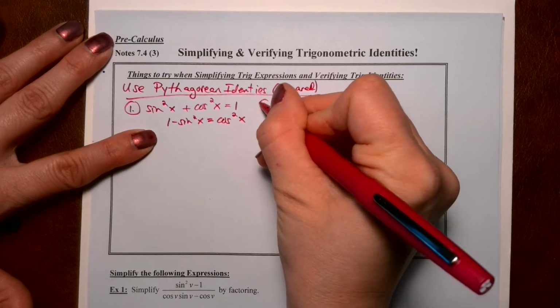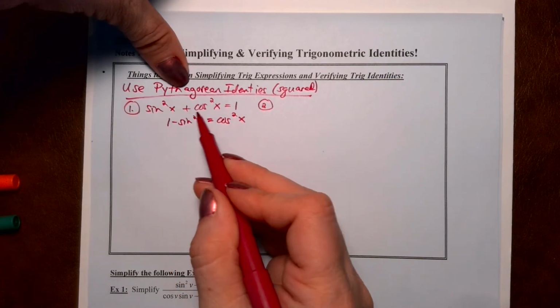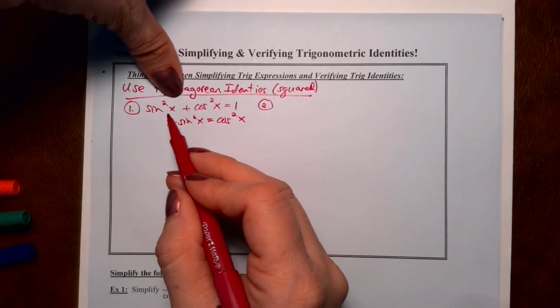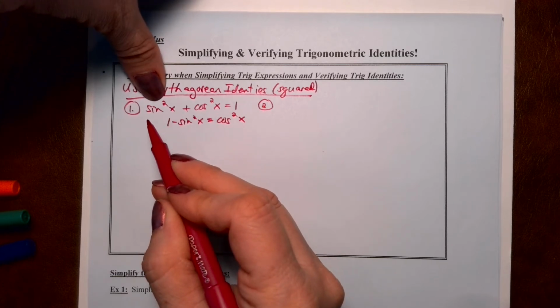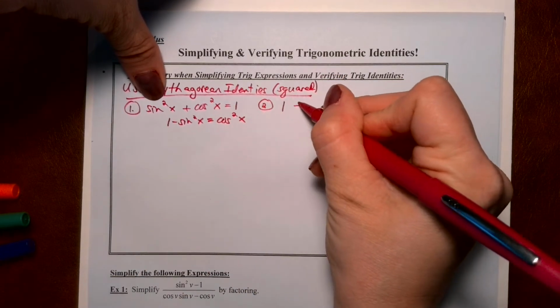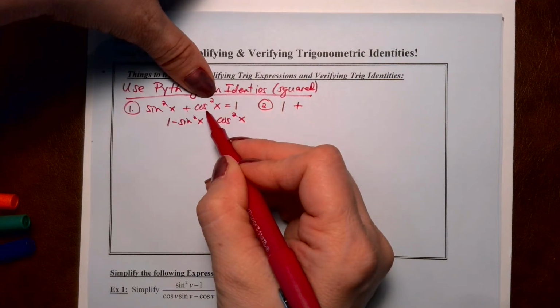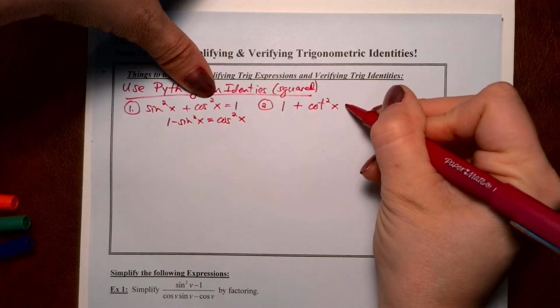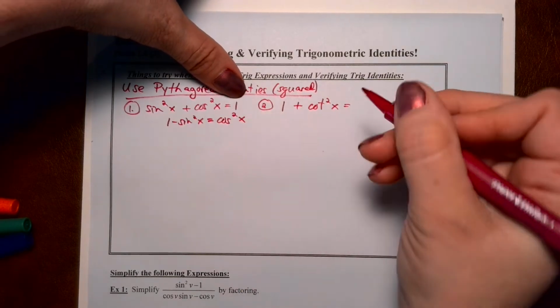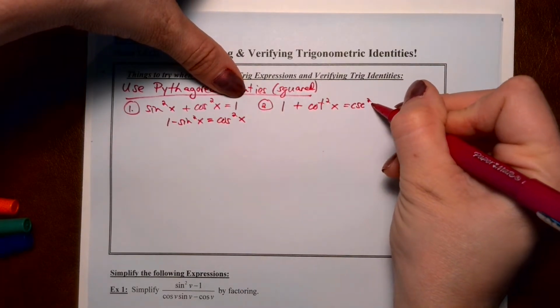The second Pythagorean identity is related to this first one. If these were all divided by sine squared of x, sine squared divided by sine squared would be 1. Divide this one by sine squared, then you get cotangent squared of x. Divide this one by sine squared and you get cosecant squared of x.